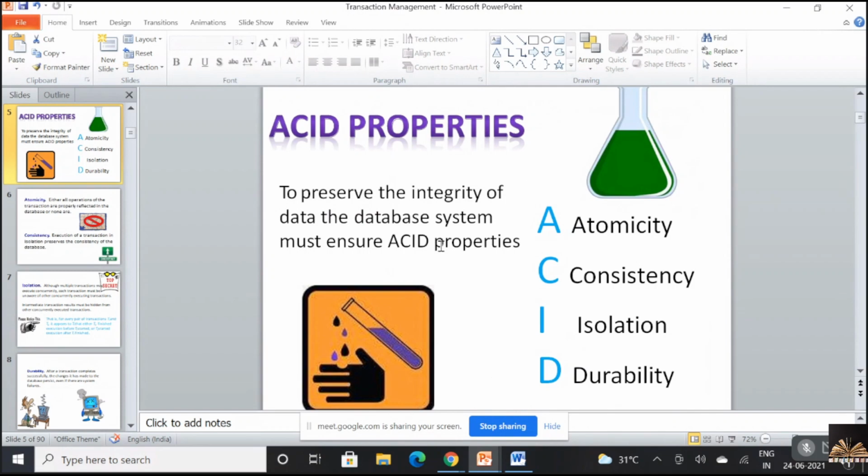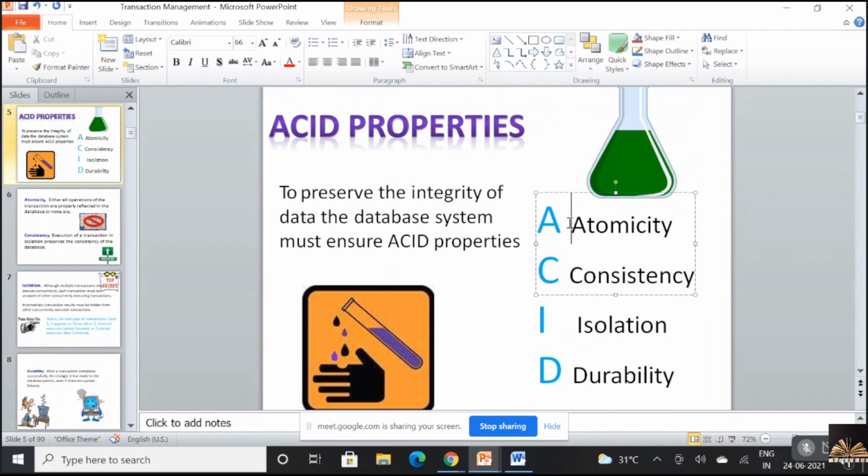So A stands for atomicity, C stands for consistency, I stands for isolation, and D stands for durability.